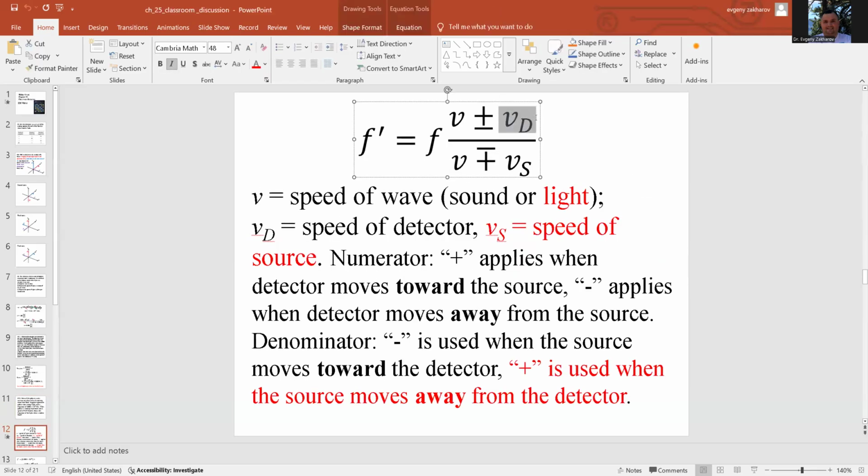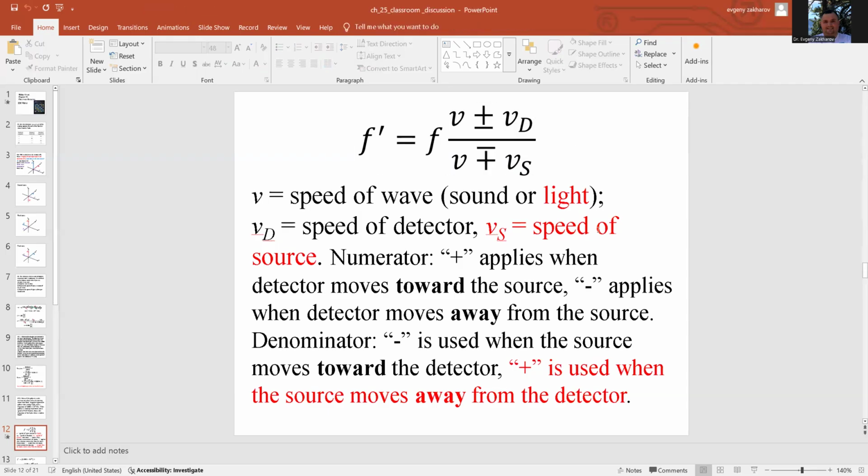So detector is sitting still. There's no plus minus for the detector. Detector is just zero velocity, but the source is moving away. Remember, towards, away, towards, away. So for the away case, you need the plus. So it's zero at the top and plus at the bottom.